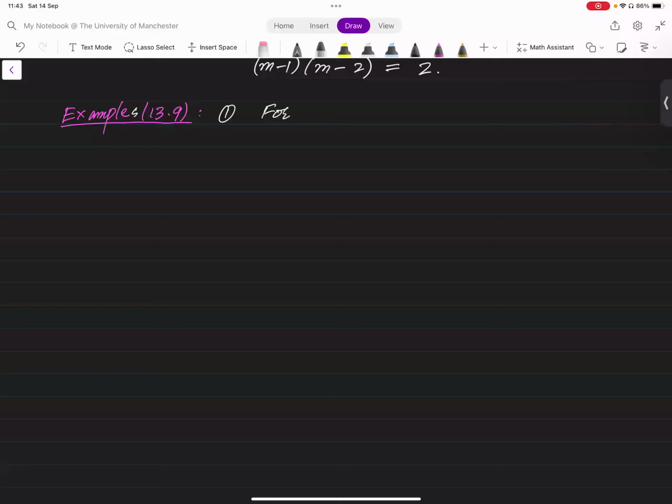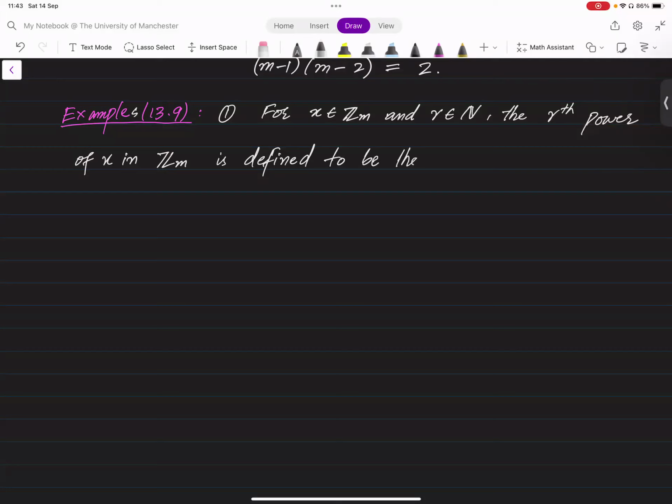So for x in Zm and r in the natural numbers, the rth power of x in Zm is defined to be the number k in Zm such that x power r is k mod m.